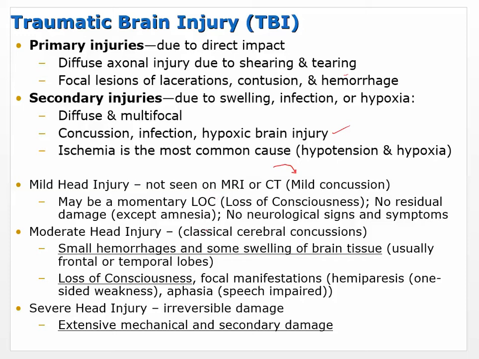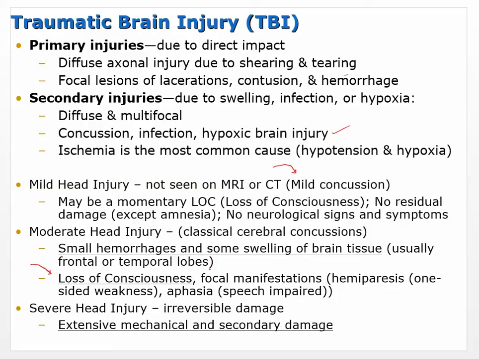Moderate head injury, there will be a very short loss of consciousness. They will cause small hemorrhages, so there is some bleeding, some swelling of the brain, but it's not as serious. It's more serious clearly than mild head injury. A lot of these are kind of judgment calls, but we have some criteria to rely on.